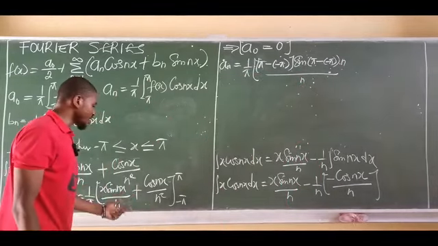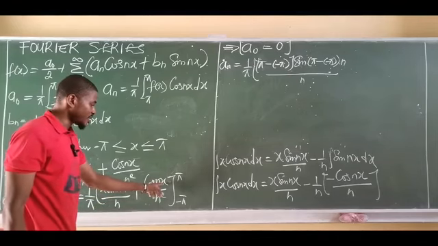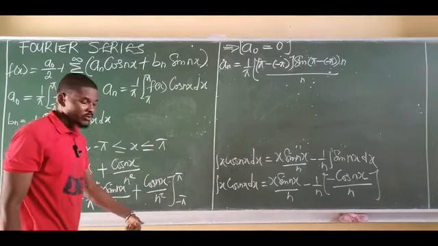Now, we'll also redo the same thing for cos nx. There is x here. In place of x, upper limit minus lower limit.